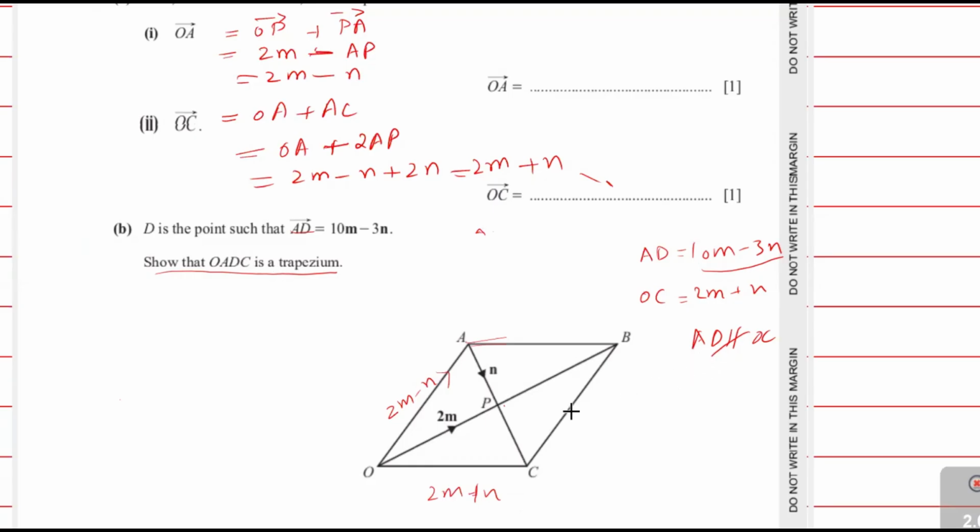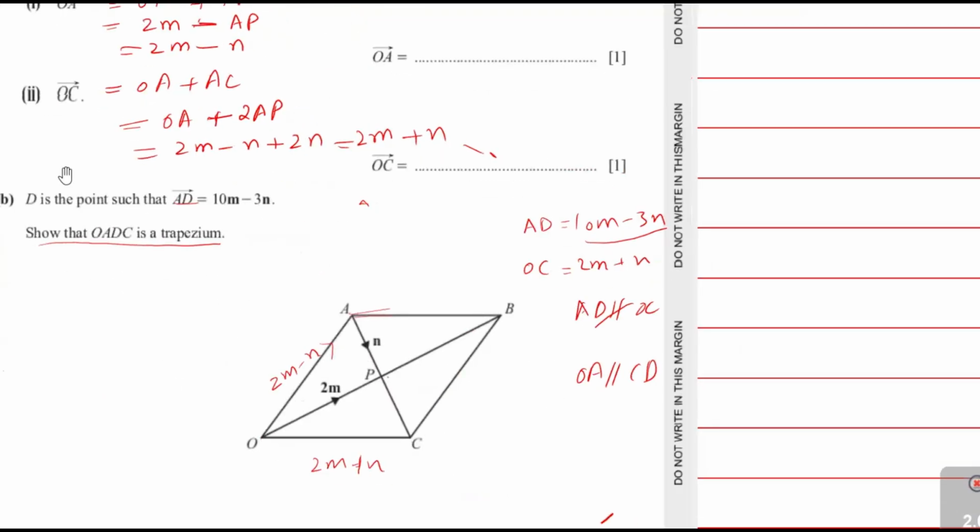We have to prove two sides are parallel. The remaining two sides, OA and CD, should be parallel for a trapezium. Therefore, we will take a point D here, and we get this vector CD, and we have to prove CD is parallel to OA.